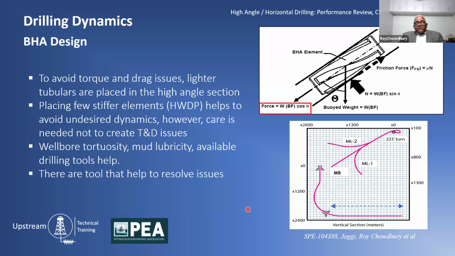Now, in a high angle well, BHA design, what exactly is important to understand here? Let us look at a very high angle horizontal well. Since it's a long lateral section, say 2000 meters, your torque and drag issues could be severe and you don't have the option to use heavier elements like heavyweight drill pipe to push and withstand the dynamics.